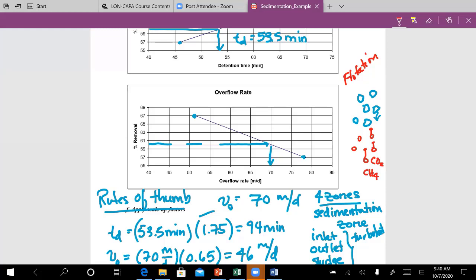They take that and the primary sludge and use flotation to thicken it. That's because much of that material is organic and has a low density, and it's easier to float it to the surface than to get it to settle. So they can get better thickening with flotation.